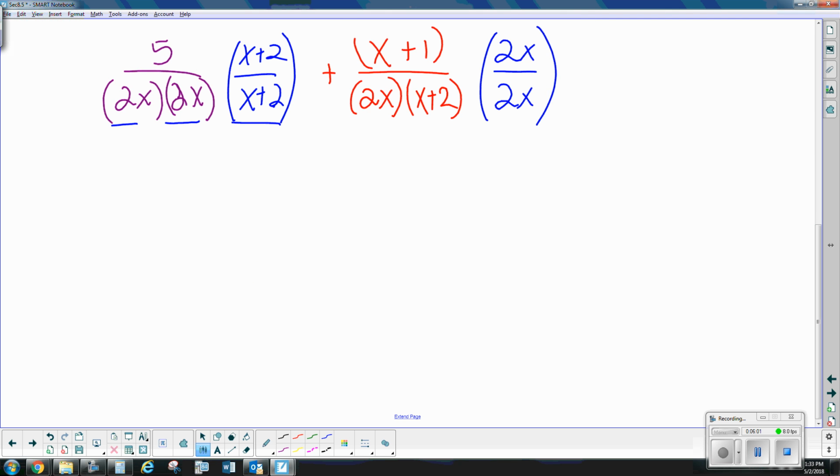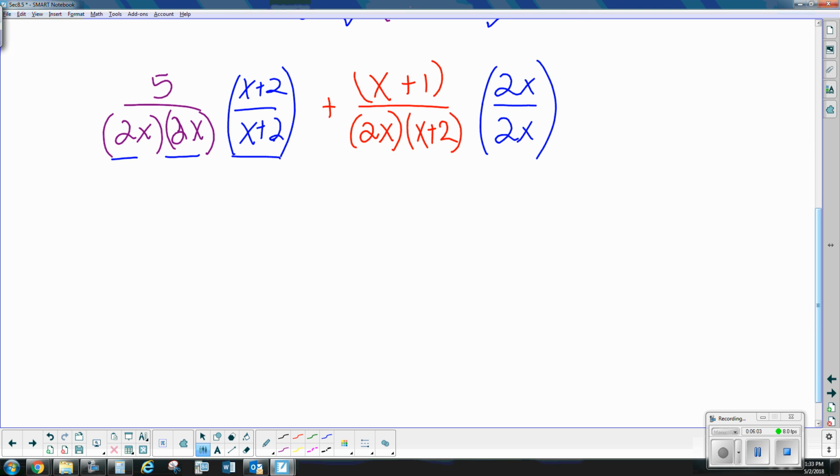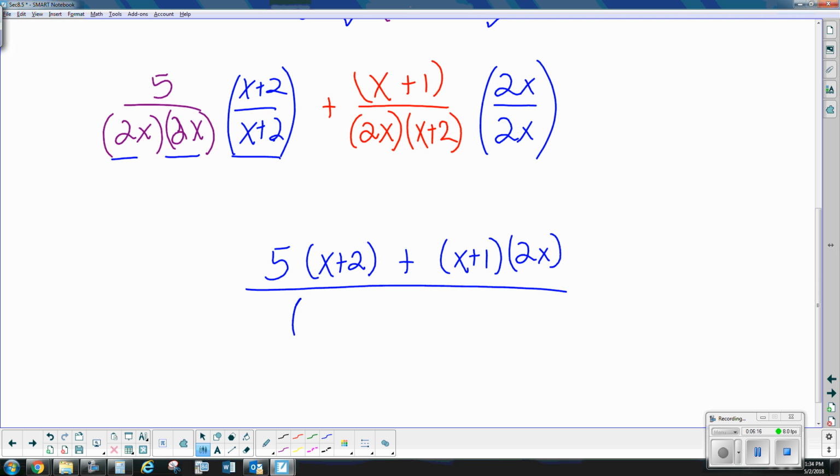So now when I add these two terms together, I have 5 times x plus 2 plus x plus 1 times 2x, all over my least common denominator of 2x times 2x times x plus 2.